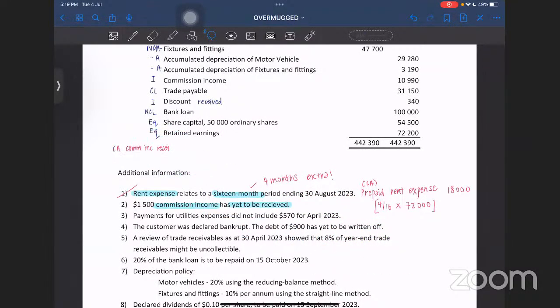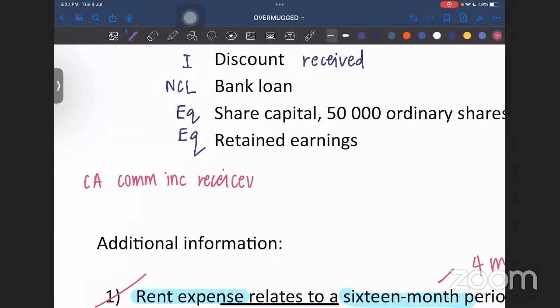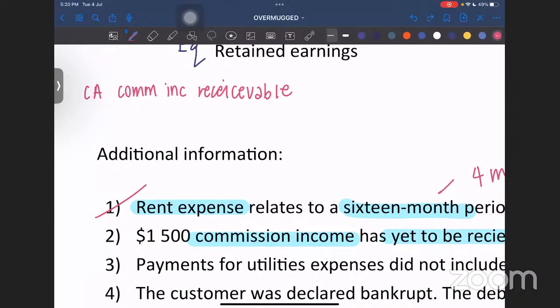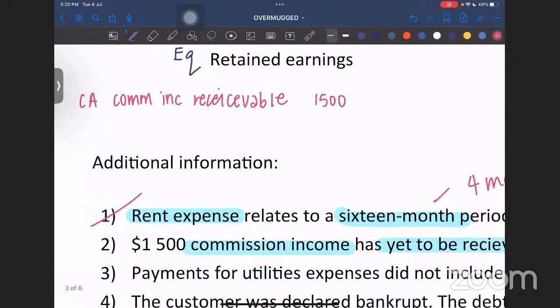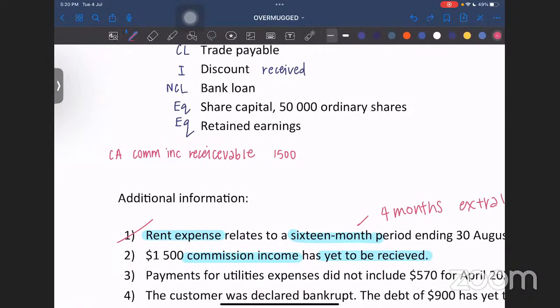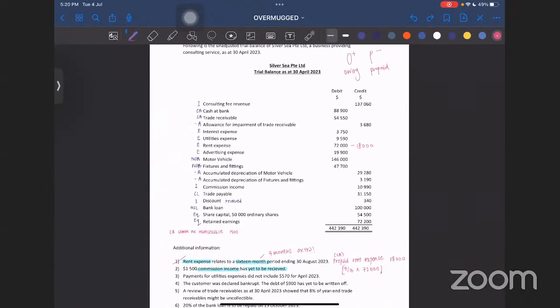Commission income receivable, which is 1,005. CA. So this one, yet to be received means what? Means owing or means prepaid? Owing, right? So O plus P minus. So here I will go to commission income and I will plus the 1,005 because it's owing. You owe me, I plus. You pay me too much, I minus.